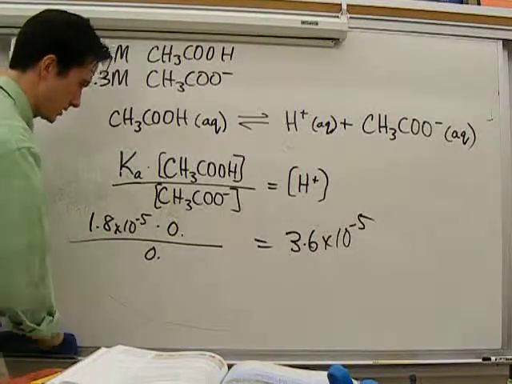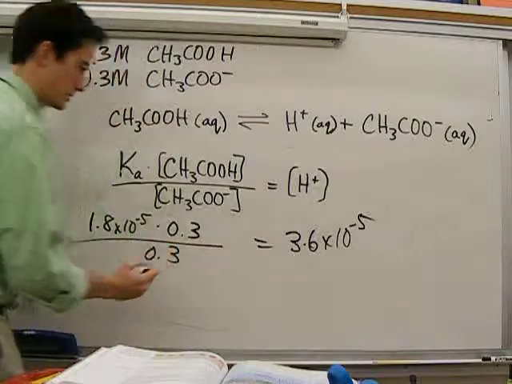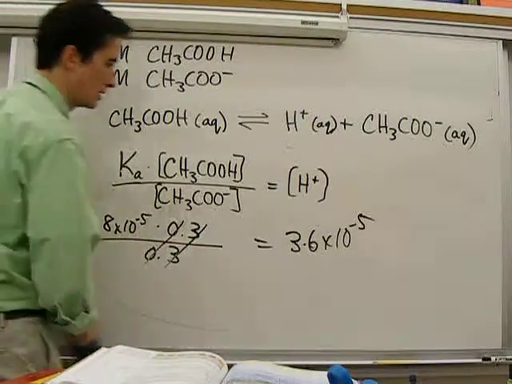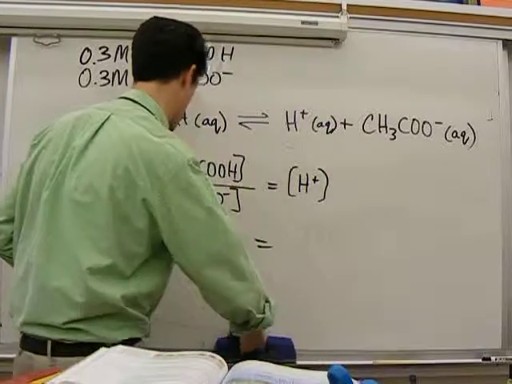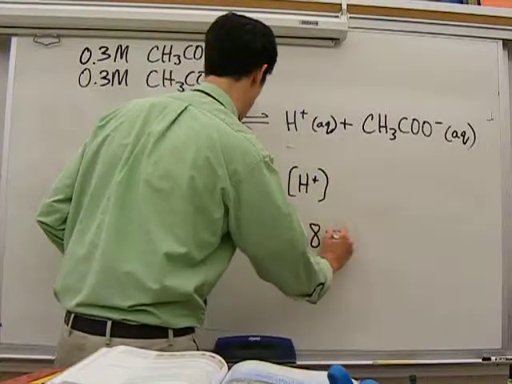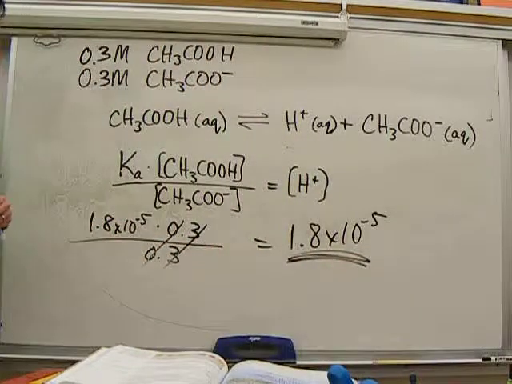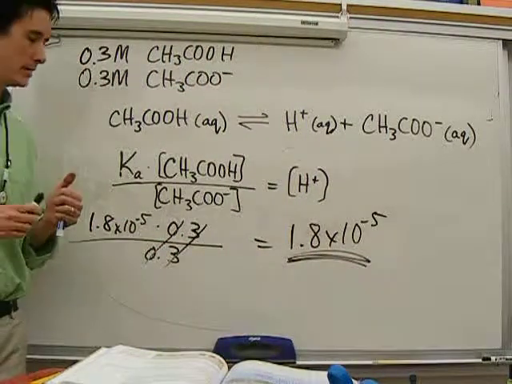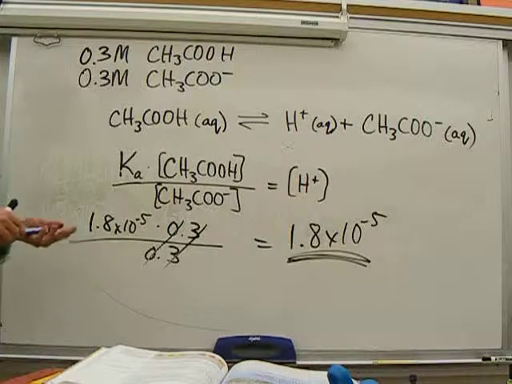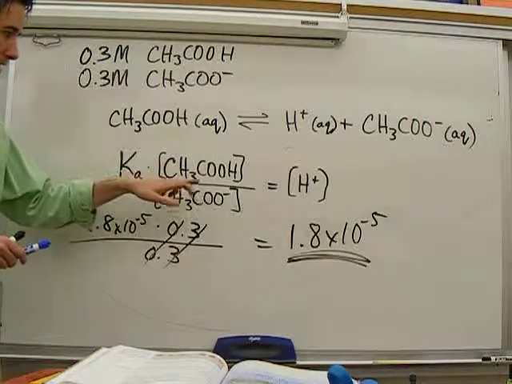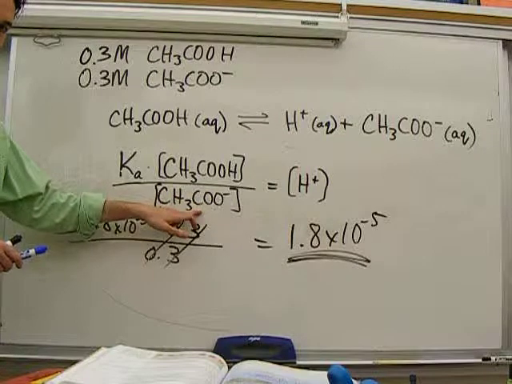Can you see something? 0.3, 0.3, that will cancel. Guys, that is the Ka of acetic acid. We have an equal amount of acetic acid and acetate in this solution, right?